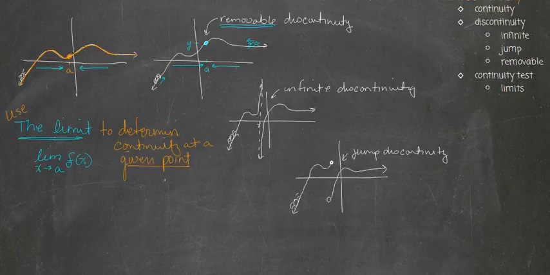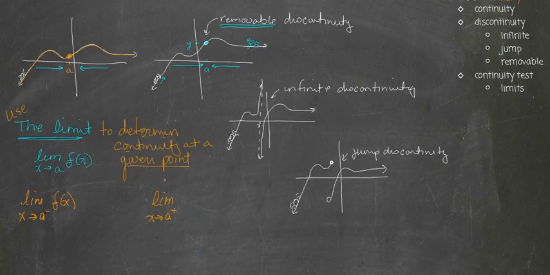So the notation for that is the limit as x approaches a from the left, that's what that little minus sign means, I'm coming from the left, of f of x, and the limit as x approaches a from the right, and the minus and plus are intuitive.